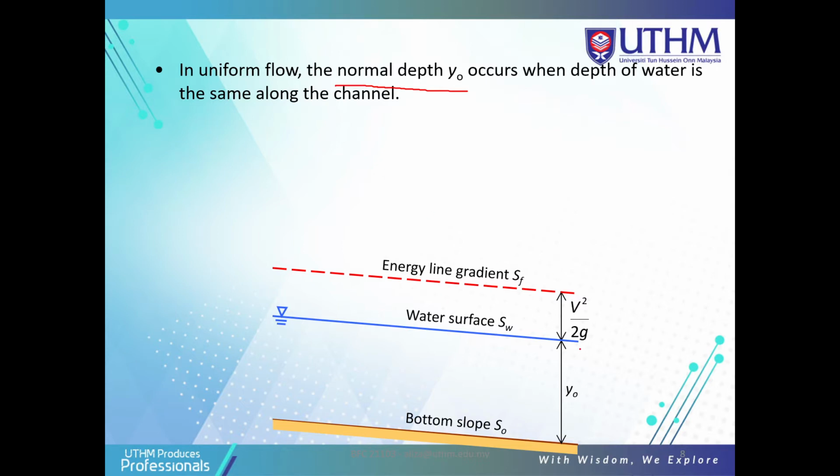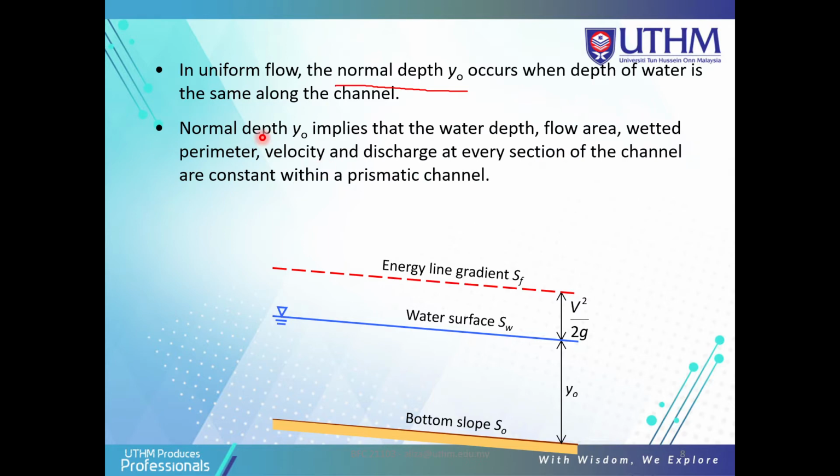Here we have the energy line gradient, water surface and water slope. Normal depth y naught implies that the water depth, flow area, wetted perimeter, velocity and discharge at every section of the channel are constant within a prismatic channel.